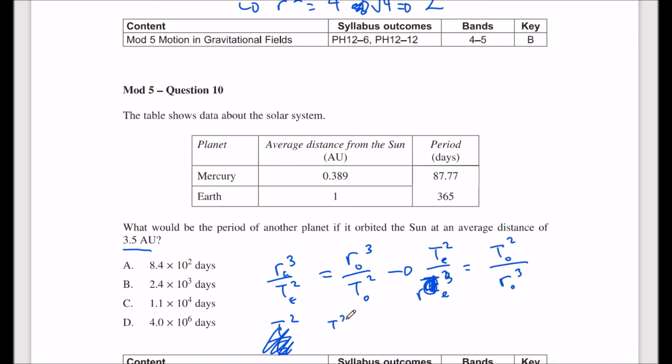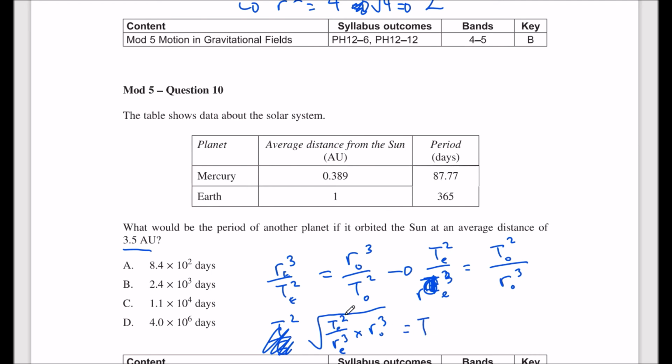So we have T squared equals T of Earth squared over r of Earth cubed, times r cubed of the other planet. Okay, and if we square root it, that will give us T.